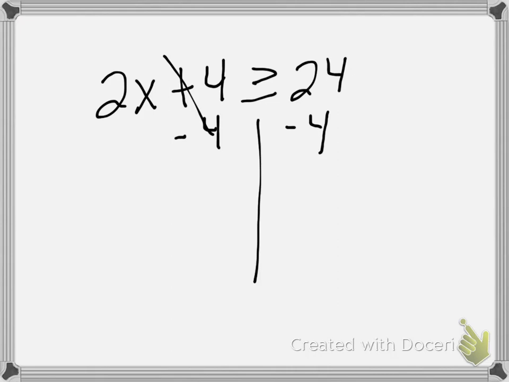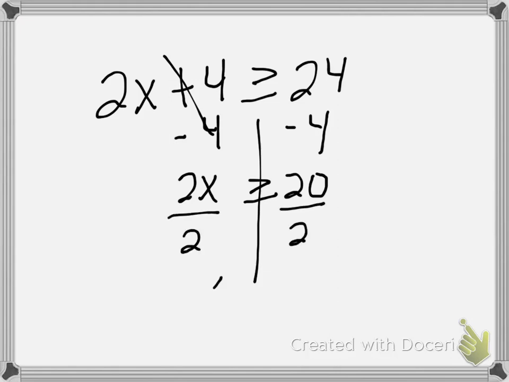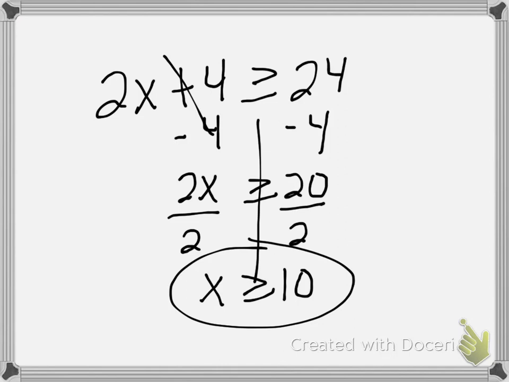Those cancel, so I get 2x is greater than or equal to 24 minus 4, which is 20. Now to solve for x, I have to get rid of times 2, so we divide both sides by 2. And 20 divided by 2 is 10. So that would be our answer. Again, if you need anything from this problem, pause your video.